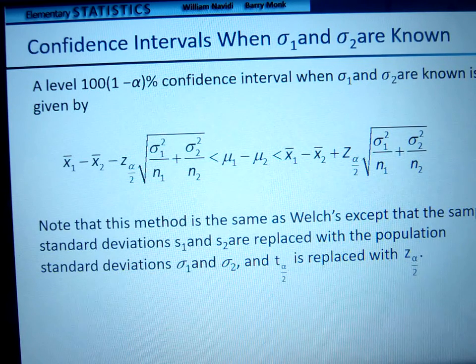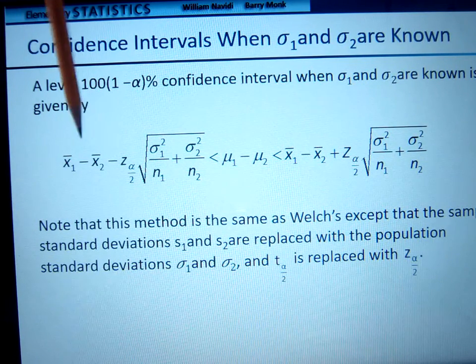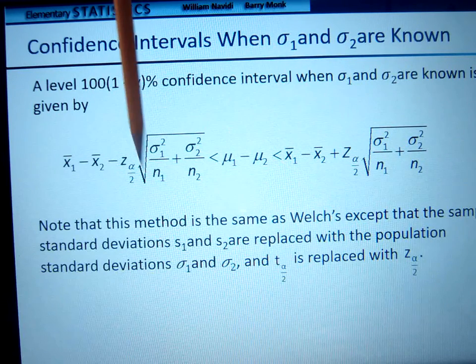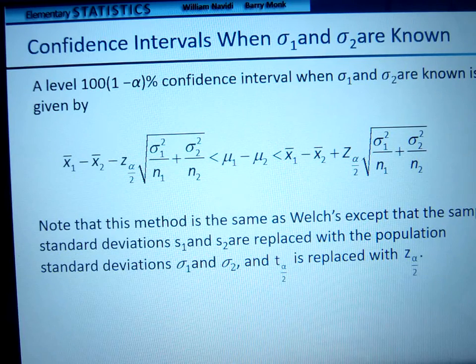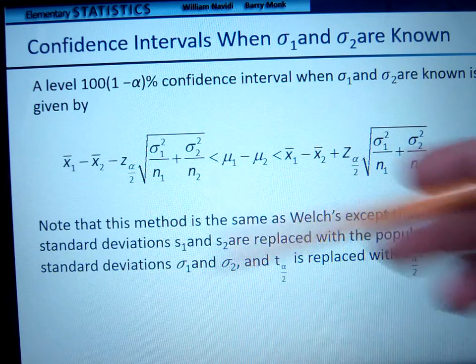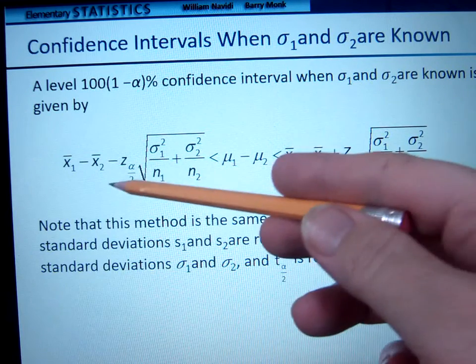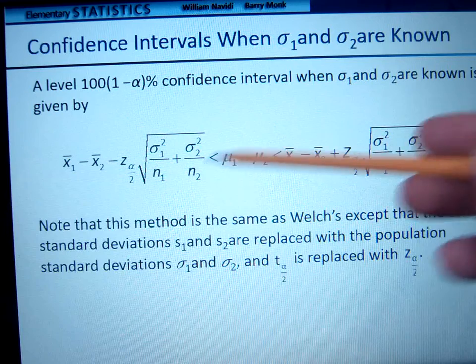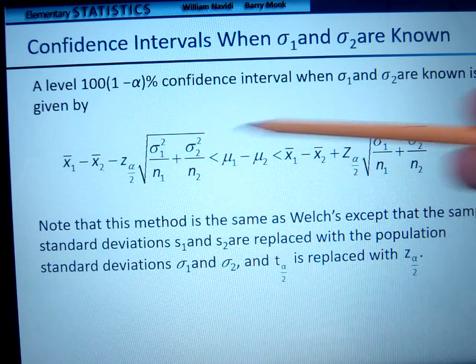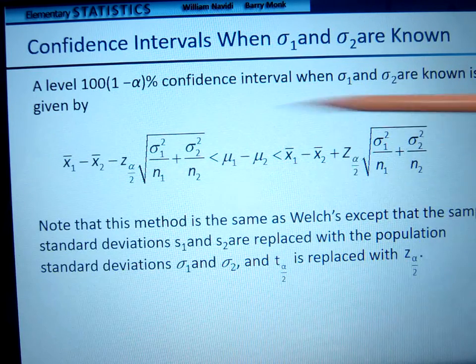We're going to take the difference between the sample means minus our z times our standard error, so our variance over our number in our first sample plus our variance over our number in our second sample. So subtract here and add here, and the actual difference between the population means is going to be between these two.